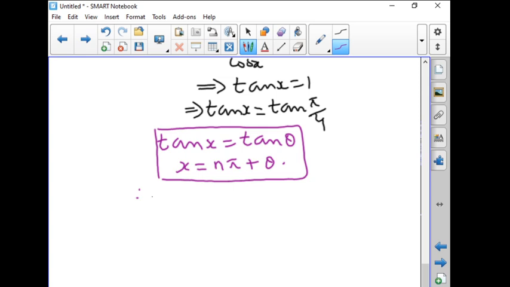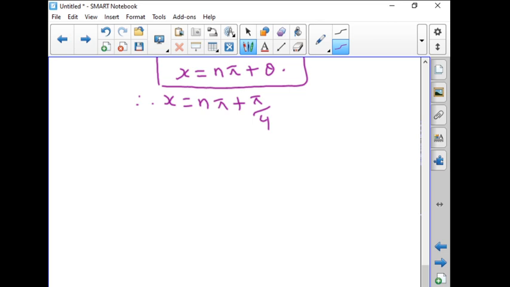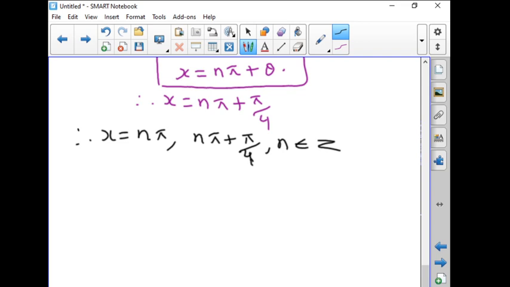Therefore, what we get? x is equal to n pi plus pi by 4. Okay, so what are the values of x? Therefore, x is equal to n pi and x is equal to also n pi plus pi by 4 where n belongs to Z.